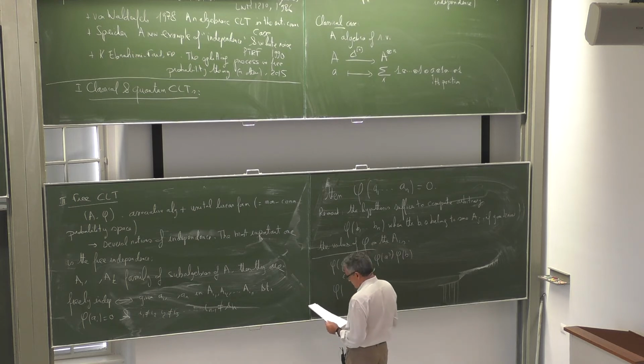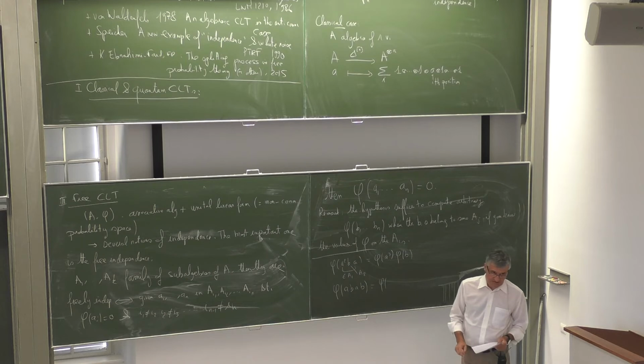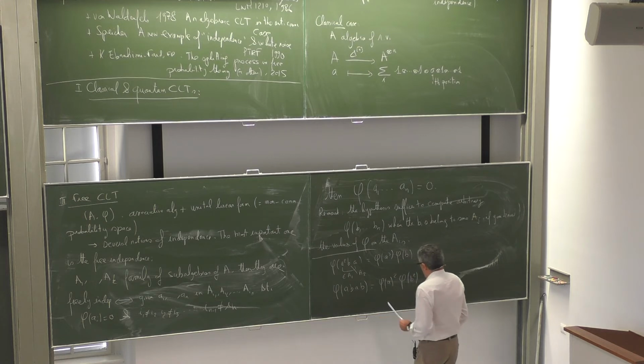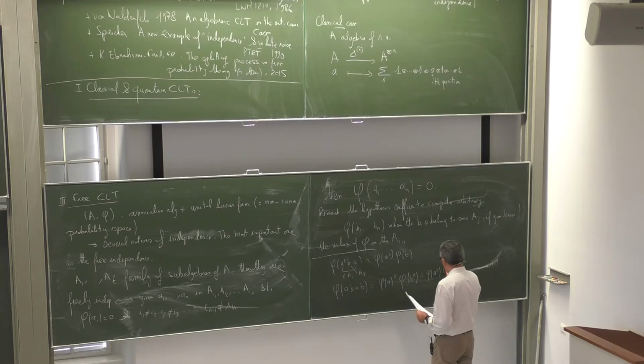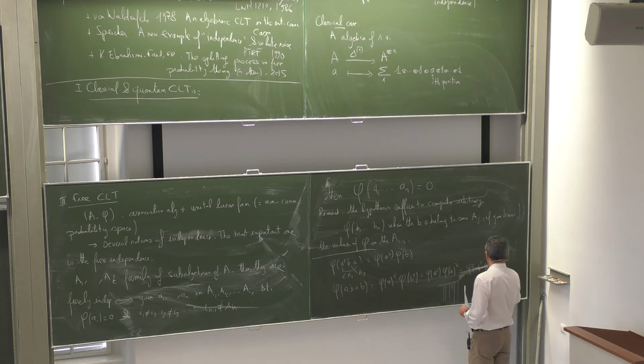But if you move to more complex expressions like the expectation of ABAB, then you get new expressions with respect to what you would get in the standard probability space setting. So normally in standard probability you would find phi of A square B square. You find phi of A to the square, phi of B to the square plus phi A square phi B to the square minus phi A to the square, phi B to the square.